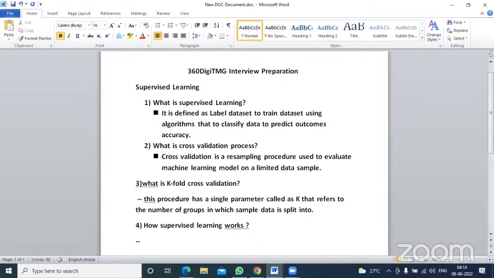Basically, supervised learning takes training data, passes it to the model, and waits for the desired output.